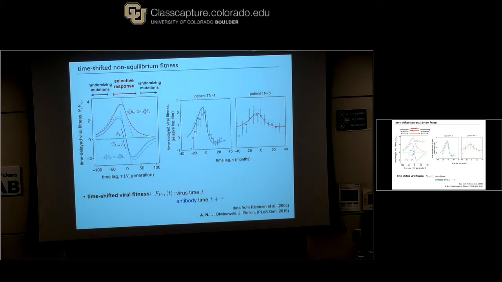In one patient, you see some evidence for balanced evolution of the B-cell repertoire with the virus. And in the other patient, we don't see much response. And this is actually consistent with the state of therapy that they would go to, because this patient was not really responding; his immune system was not that great at the time.